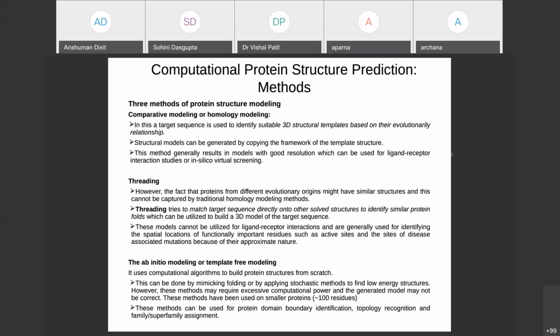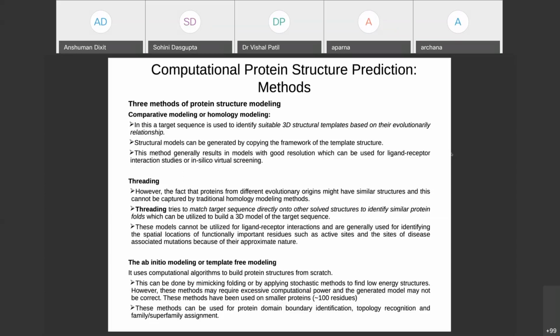Now, it is also possible that proteins from different evolutionary origins might have similar structures, but you cannot capture this by traditional homology modeling methods. So in that case, we use a technique which is called threading.